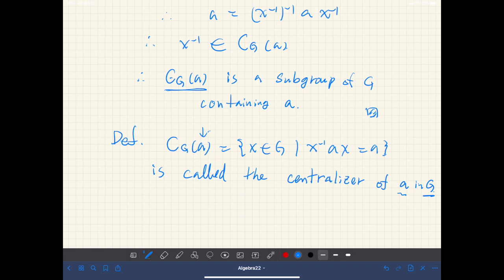But as far as the centralizer of A is concerned, all elements in the centralizer commute with A. So that's what this means.